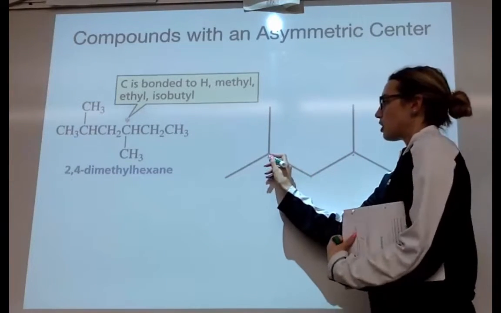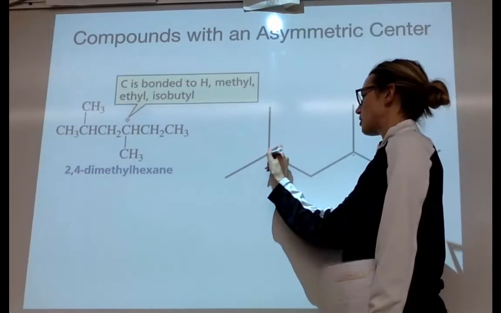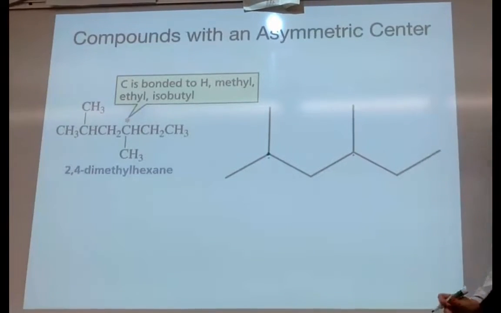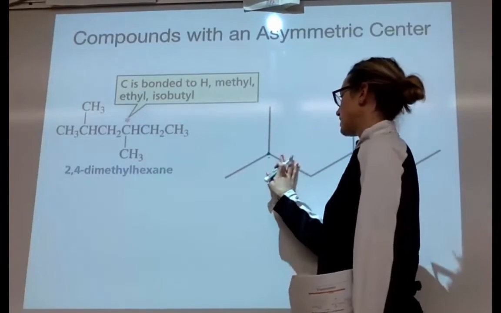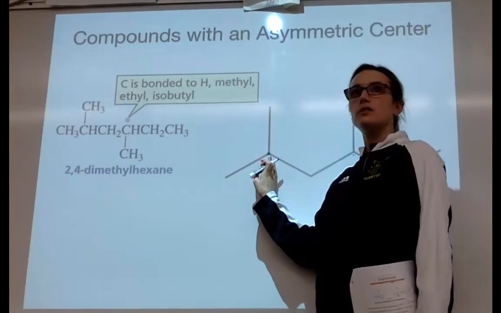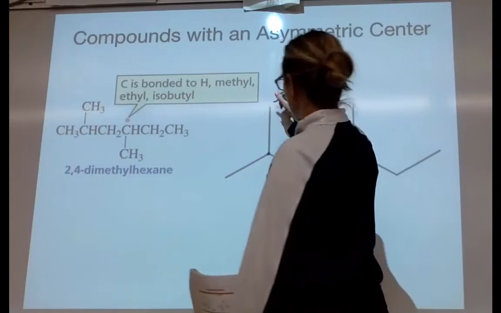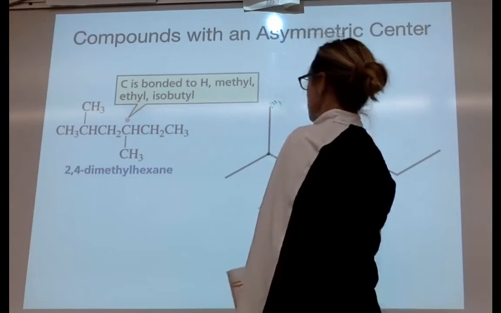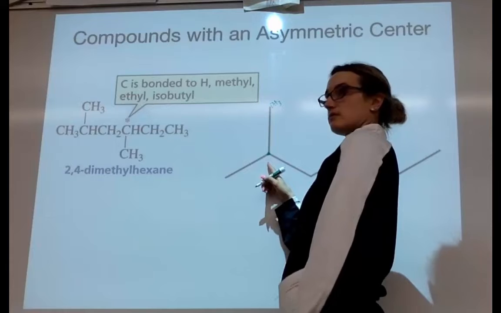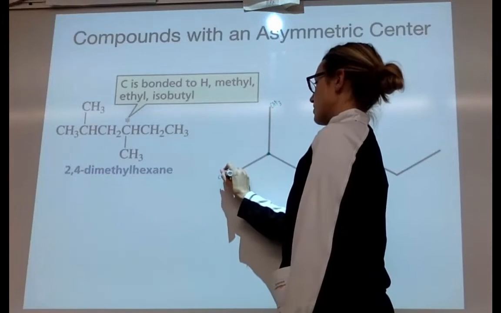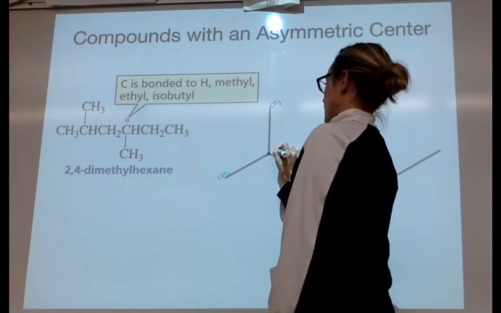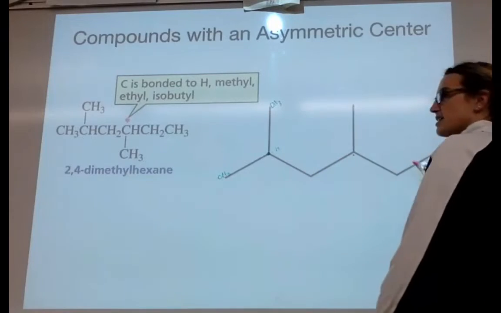But when you look at this carbon first and I determine if this is a chiral center or not, what is one of the things that this carbon is connected to? Methyl. So here's a methyl. What else is it connected to? Methyl. Another methyl over here. And then you have the hydrogen, and you have the rest.